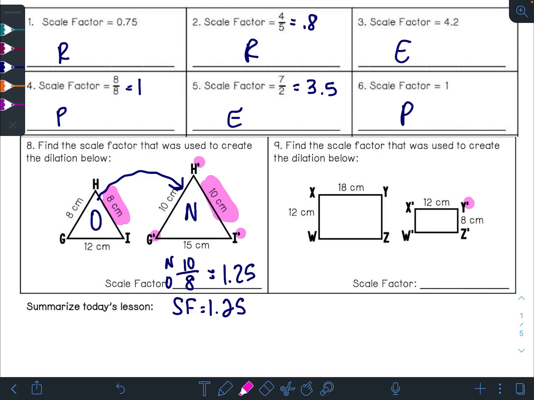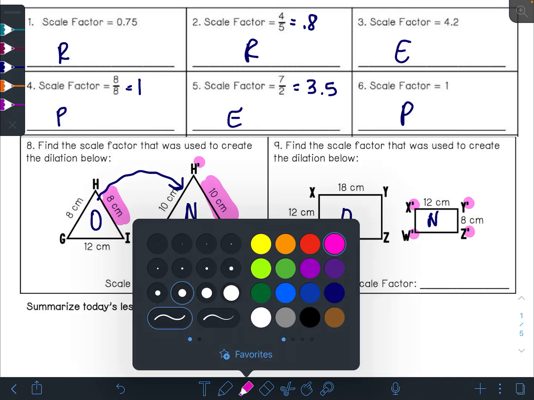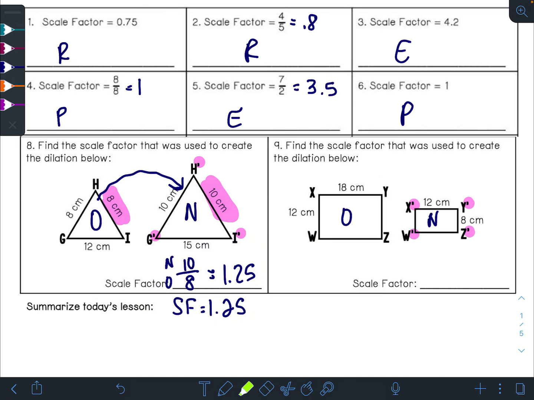Now, when I look at this next one, again, I know that this is my new shape because of those little prime marks, and this is my original. And then I am going to pick this side right here, and the corresponding side, since it's a rectangle, is this over here. So if I do my new over original, I'm going to have 8/12.